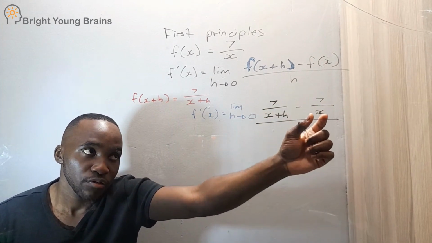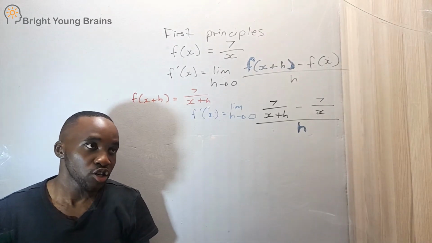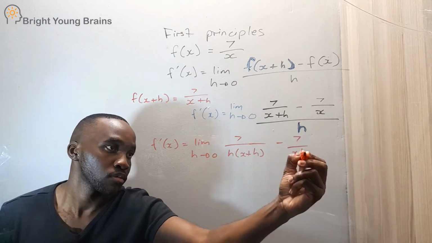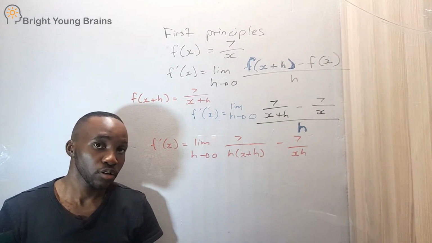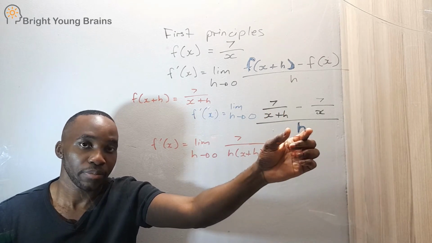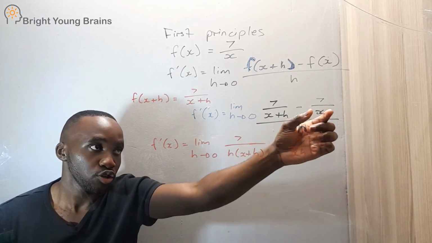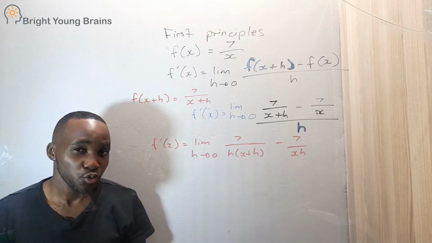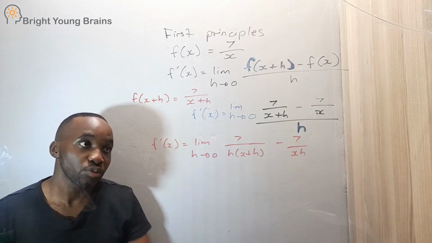The denominator for this one, you have to multiply by h. So your next step is going to look like this. There we go, because remember, all we said is, as long as these are both fractions, your denominator, you multiply by this value. There we go. Your denominator, you multiply by that value. There you go.